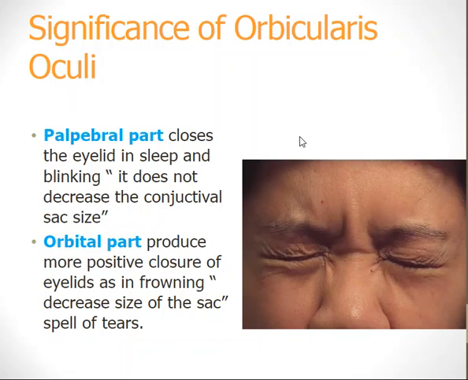This action does not decrease the size or volume of the conjunctival sac, while contraction of the peripheral orbital part causes positive closure of the eyelids, like in frowning in this person.